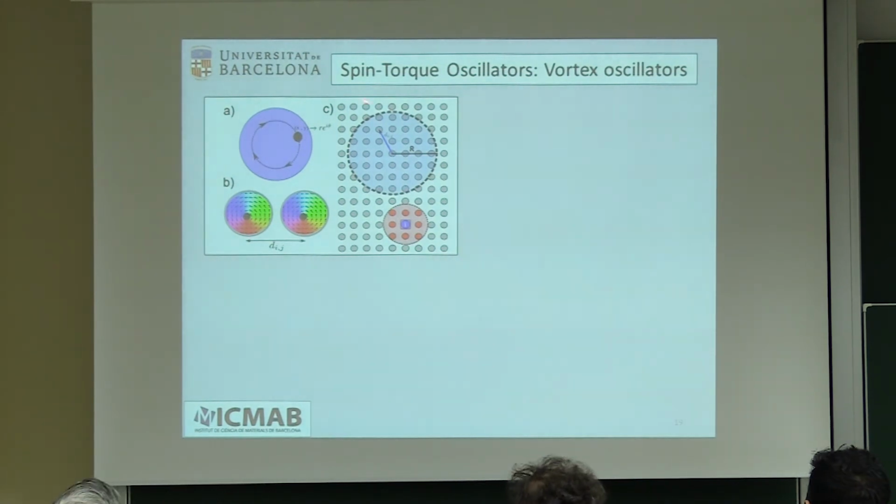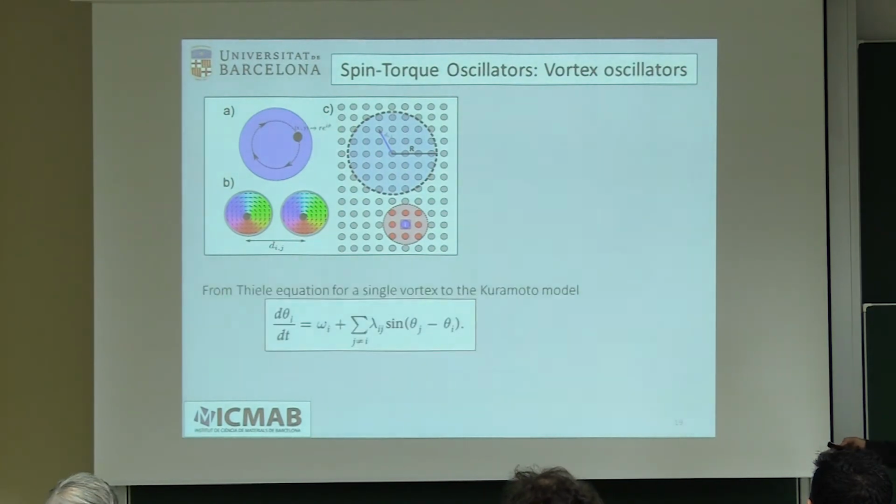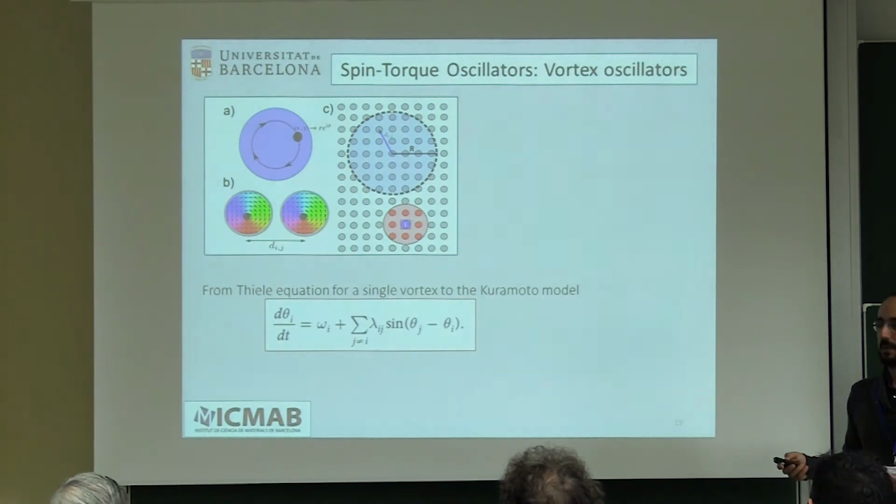These are just patterns. This is simulation work. What we did is compare a micromagnetic simulation, taking all the ingredients into account, with what we can do just by calculation. For the calculation, we took the Thiele equation. The Thiele equation is a simplification of a micromagnetic model for the whole object into a single equation that tells you how the vortex moves.